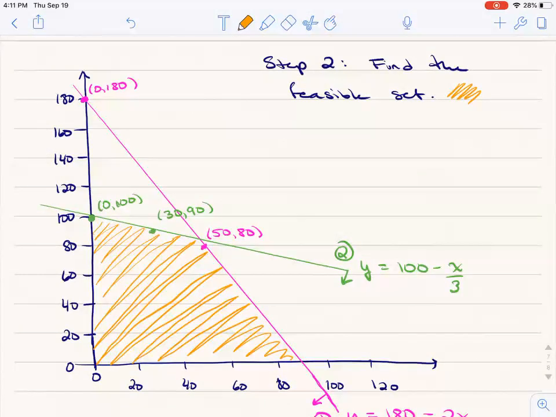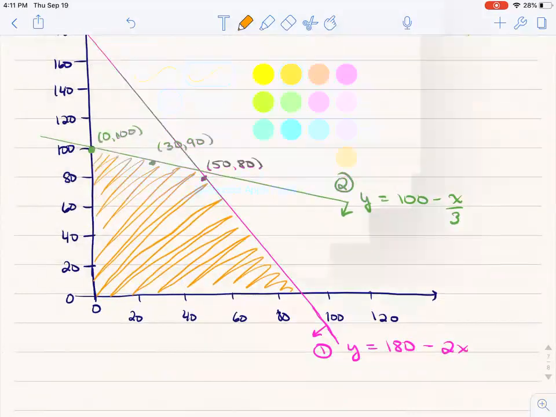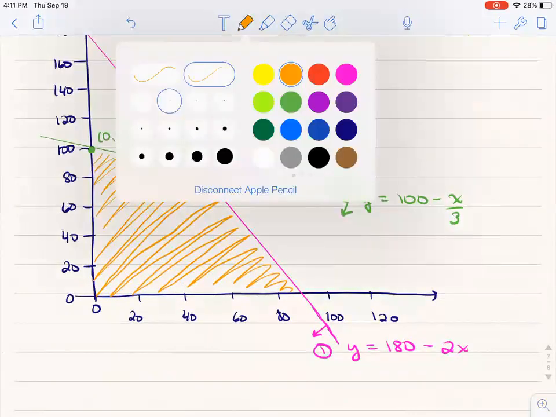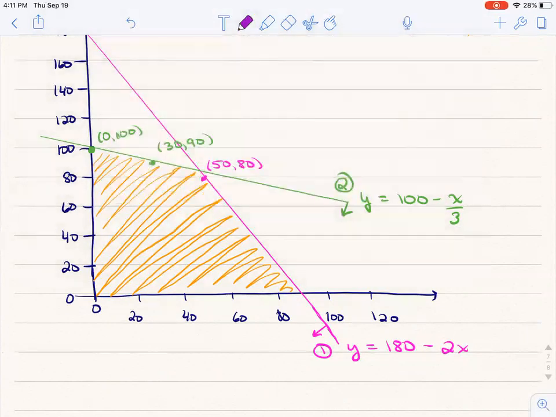Step 3 is to find all the points of intersection, right? And so what we're going to do is go ahead and label these. What's a nice nifty color here? Purple. I will always start at the origin, right?